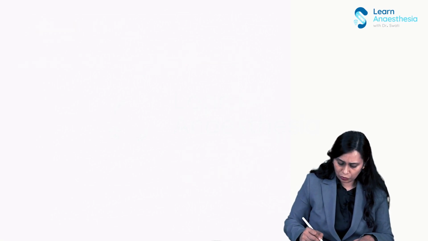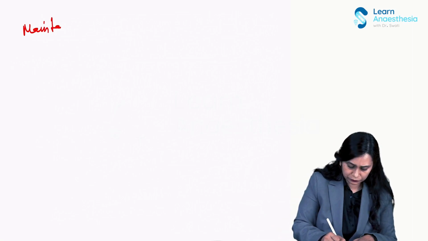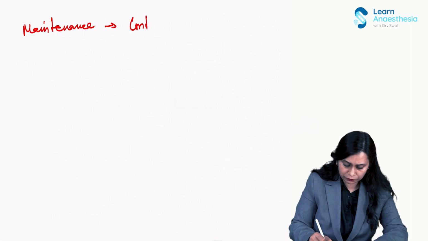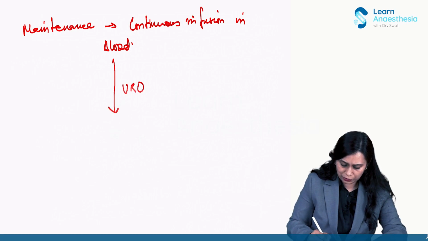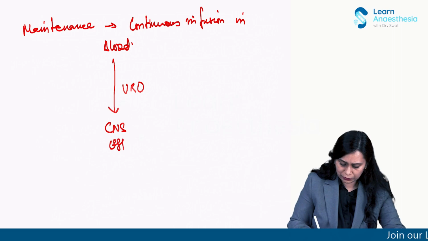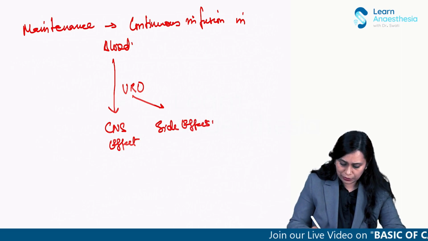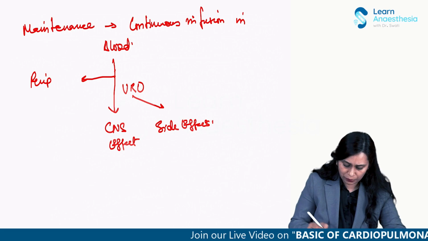But if we give a continuous infusion for maintenance in blood, what will happen? It will go to the vessel-rich organs, that is the CNS effect, and it will also go to other vessel-rich organs like the CVS, so side effects, right? Then it will also go to peripheral tissues from blood.